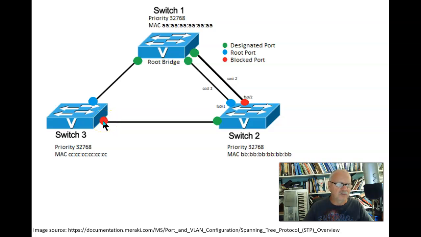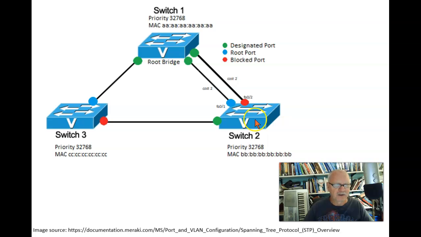A blocked port is a non-designated port, so it will not flood the information out through there. So we only have one direction that switch 3 will flood information. Over here, we have blocked this port so that information will only flow up here from switch 2 to switch 1. It will not go from switch 2 to switch 3 because one of the ports is blocked there.